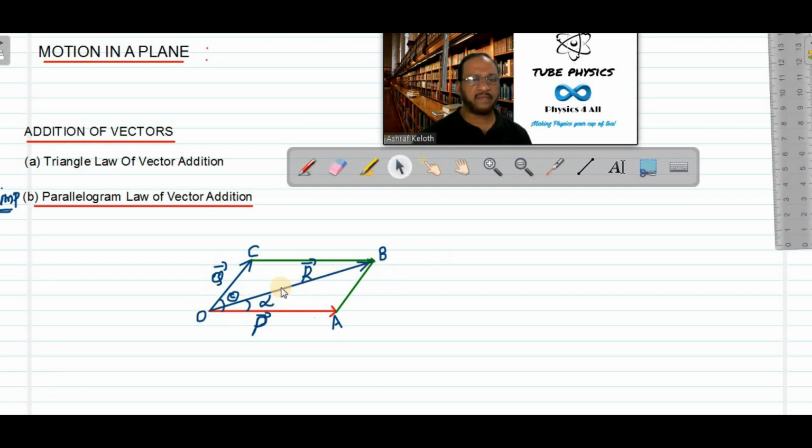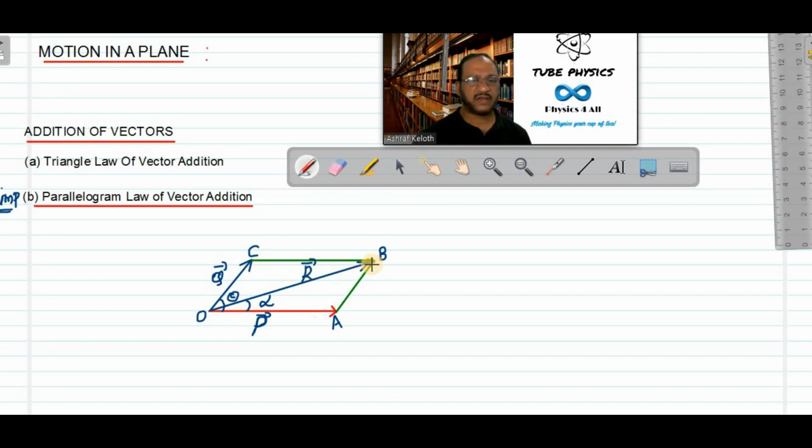Now here our aim is to find an expression for the magnitude of the diagonal. For that I am making some rearrangements. First of all, you remember we already explained in the first class equal vectors. Here OC and AB are the same, correct?